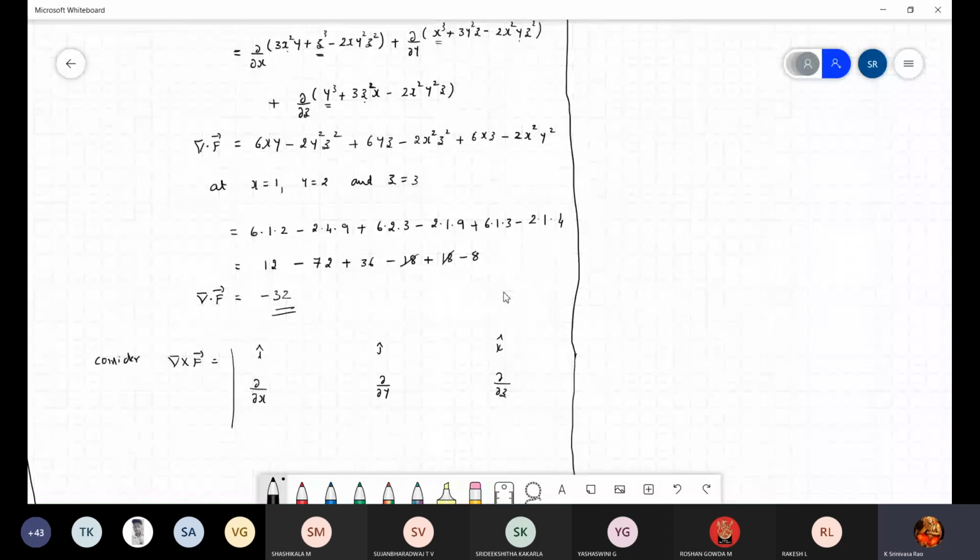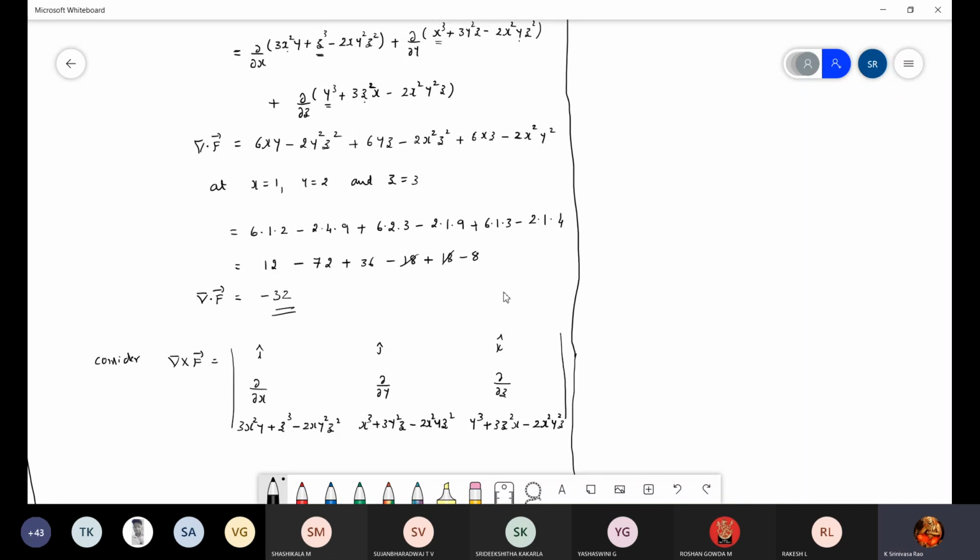The first component is 3x square y plus z cube minus 2x y square z square, and the second component is x cube plus 3y square z minus 2x square y z square, and the third component is y cube plus 3z square x minus 2x square y square z.